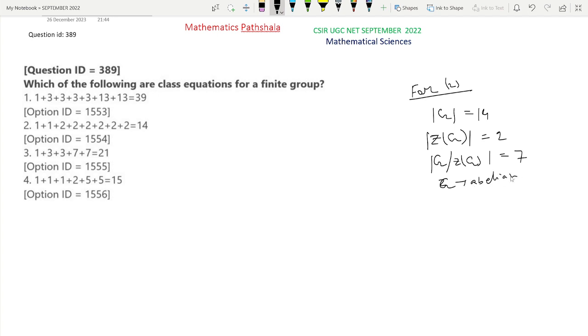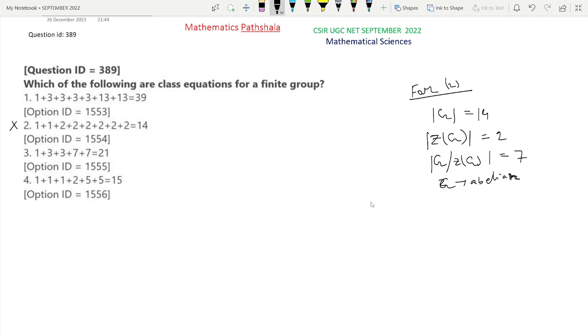And for an abelian group, the class equation is only 1 plus 1 plus 1, all are 1, 1 plus 1 plus 1 up to 14 times. So this is not the true class equation for a group of order 14. So option 2 is not a correct option.